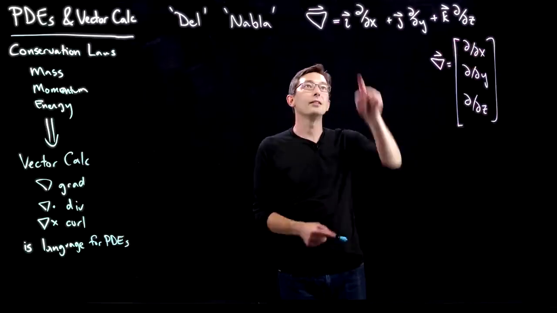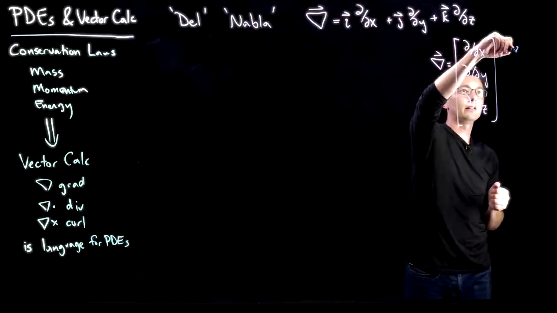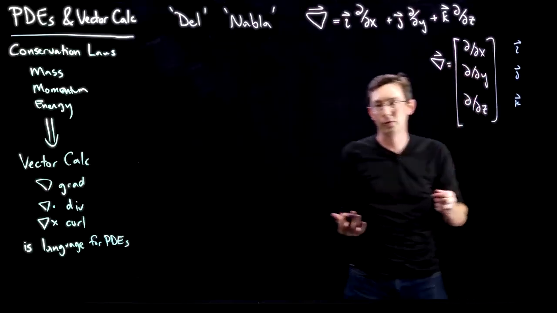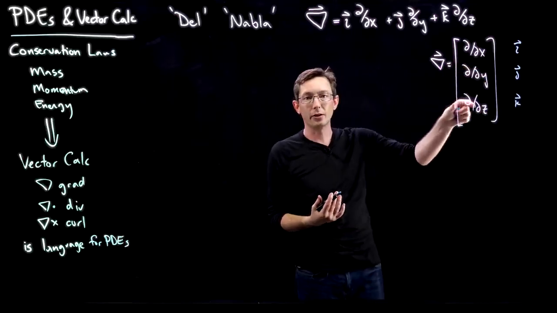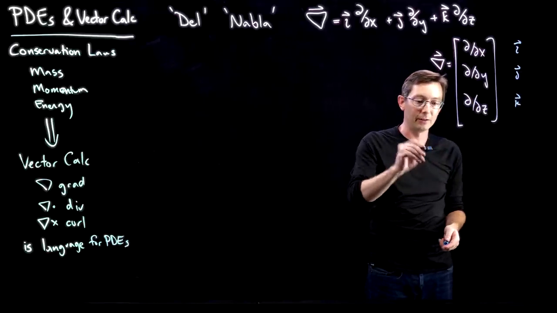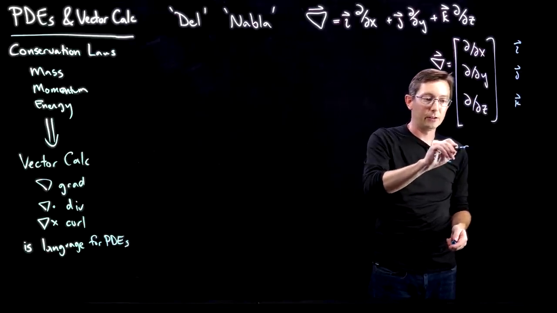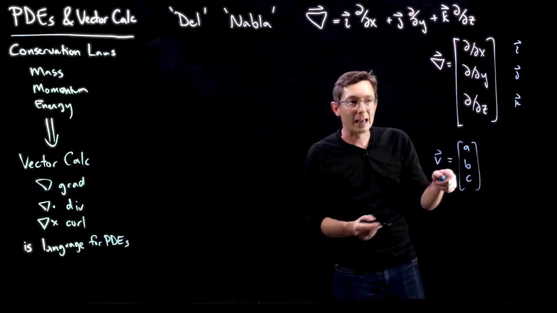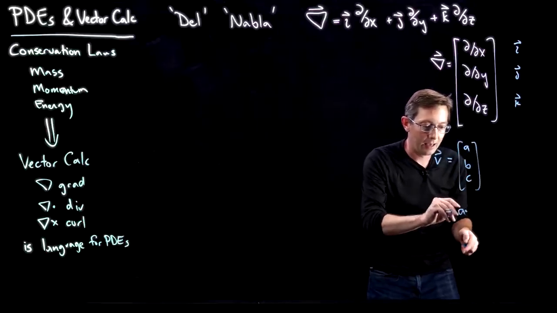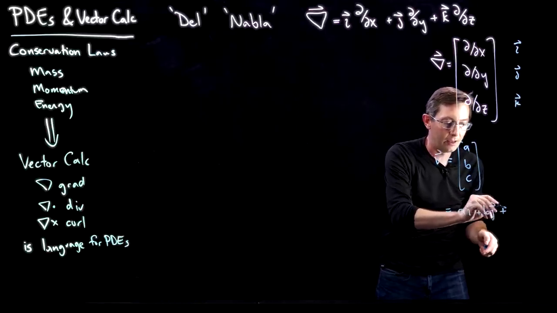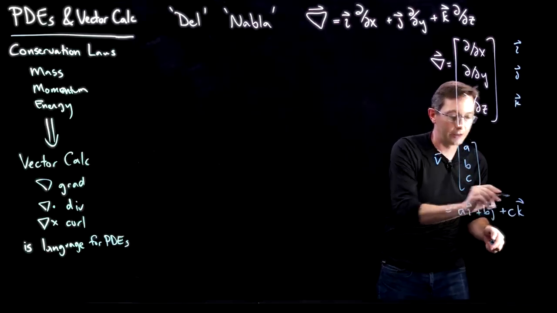The i hat, j hat, and k hat just refer to the first, second, and third components of my vector. Just like if I had a vector v and I called it a, b, and c, that would be the same as a in the i direction, b in the j direction, and c in the k direction.